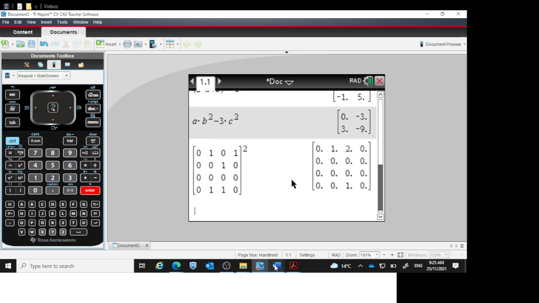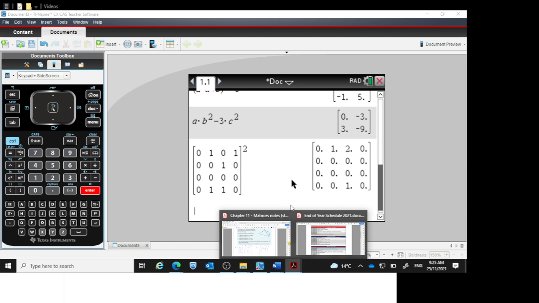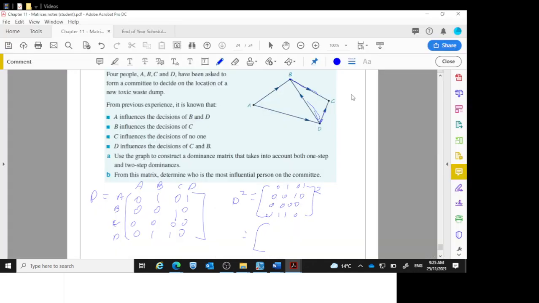Okay, so let me just write that down. I get 0, 1, 2, 0, and then 0, 0, 0, 0, 0, 0, 0, 0, 0, and 0, 0, 1, 0. Okay. The total is adding these two up.